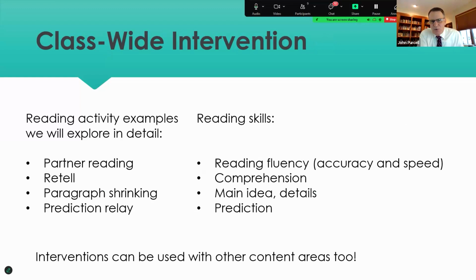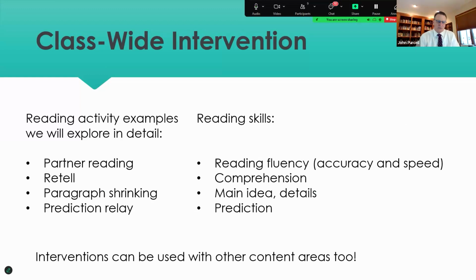In reading, the examples we will look at for class-wide intervention are partner reading, retell, paragraph shrinking, and a thing called prediction relay. We're going to look at how those will help with fluency and comprehension. That being said, remember the precursors for that fluency.